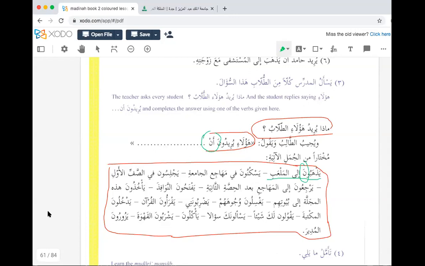No. What's the problem? Because that is مؤنث and مذكر. يريدون. Oh, it's good. You're almost there. He didn't say يذهبن. He said يذهبون. So Zayd's answer is correct.